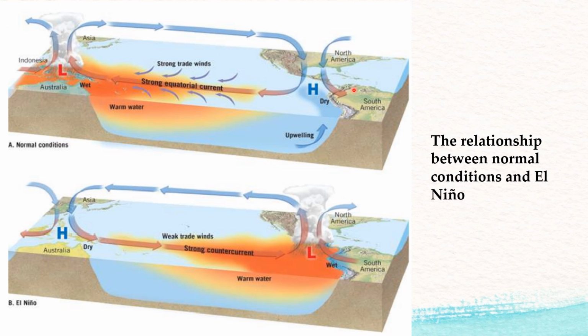In the upper part, this is the normal condition shown in this picture. Under normal conditions, there are these strong trade winds, shown by these arrows.